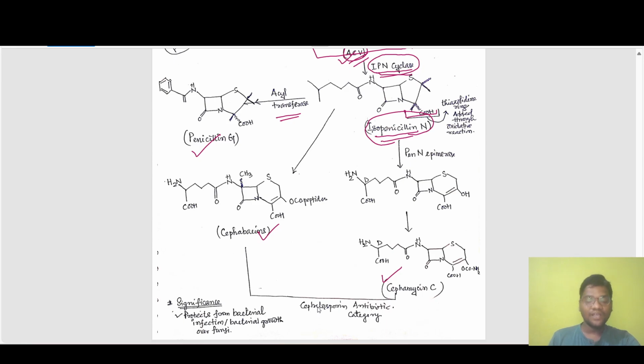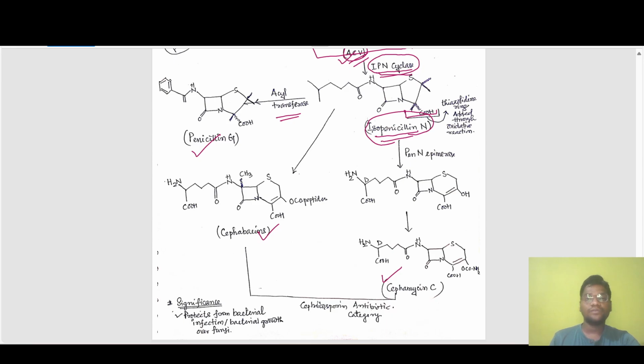So if you ask about the significance of the beta lactam pathway, in both bacteria and fungi, this is meant for the defense mechanism. It protects the fungi, and it also protects the bacteria.